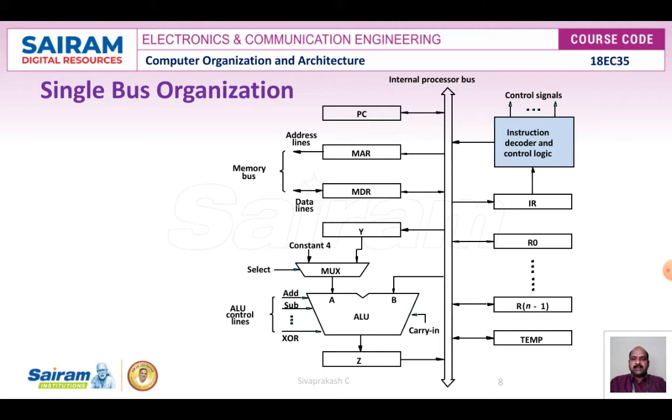Here in the single bus organization, there are three registers: Y, Z and Temp. These were not mentioned before. These registers are transparent to the programmer, that is, the programmer need not be concerned with them because they are never referenced explicitly by any instruction.